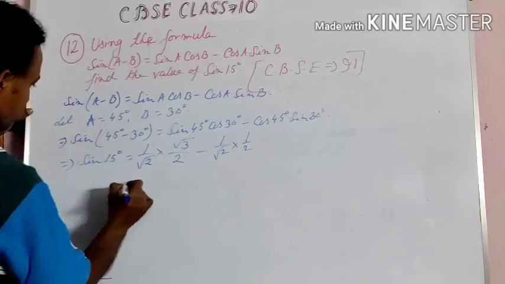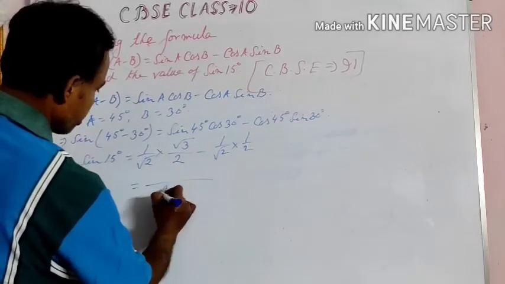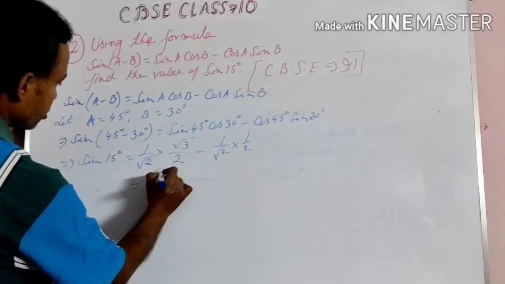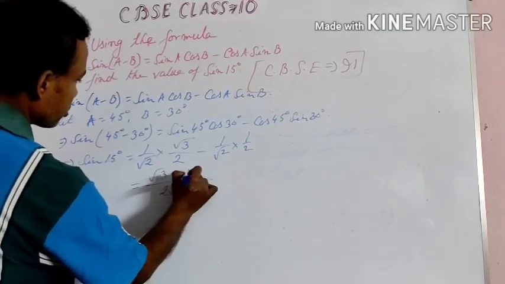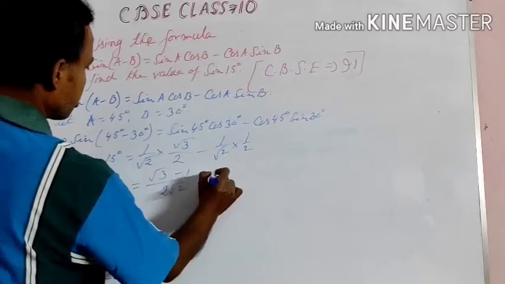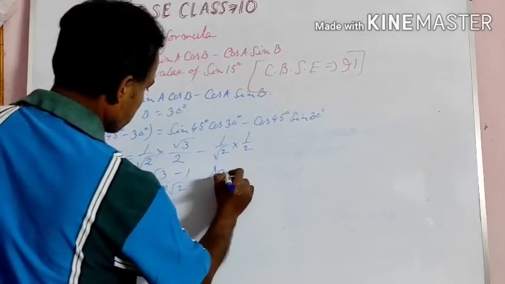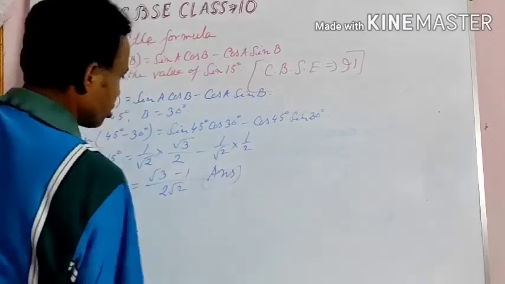So the LCM will be 2 root 2, this will be root 3 minus 1. So this is your answer. Very easy sum.